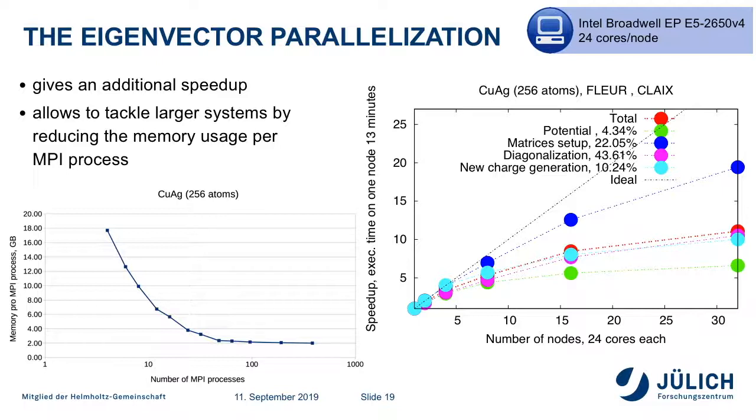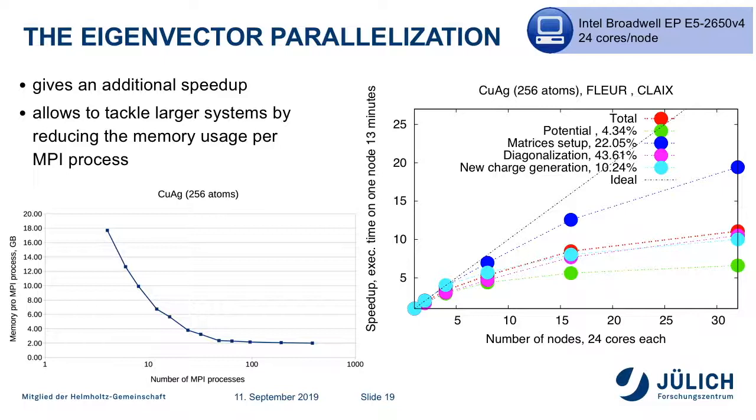And from this plot, I would say that for this system, it doesn't make much sense to use 32 or even 16 nodes. Yeah, so this is pretty good scaling. You don't waste too much computer resources. This is half of the ideal. I wouldn't go there for the production run.